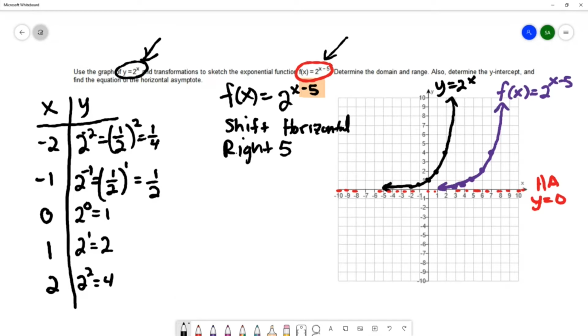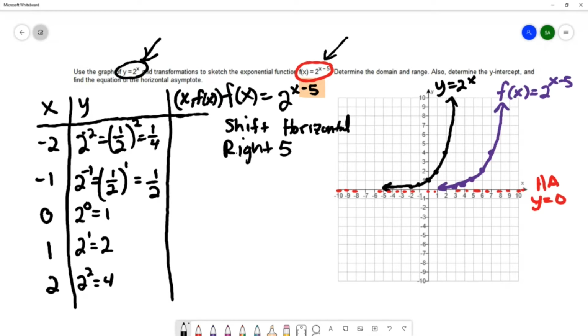So those ordered pairs on the new graph have shifted right 5, and you'll notice that the y values have stayed the same and only the x values have changed. So I'm going to extend my chart here, and I'm going to write down the ordered pairs that are on x, f of x.